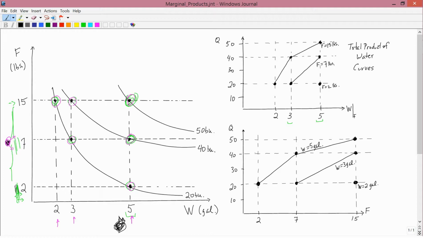So this is another perspective on this three-dimensional object. The horizontal axis here is fertilizer with water held fixed, and that's the way you depict that, with a vertical line and a W subscript. These are called total product of fertilizer curves.